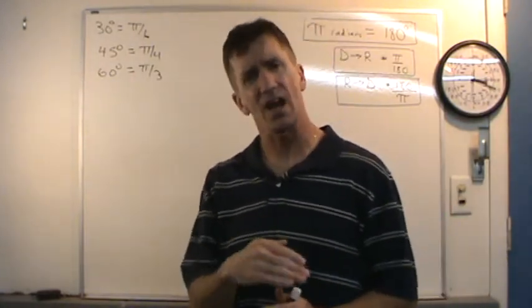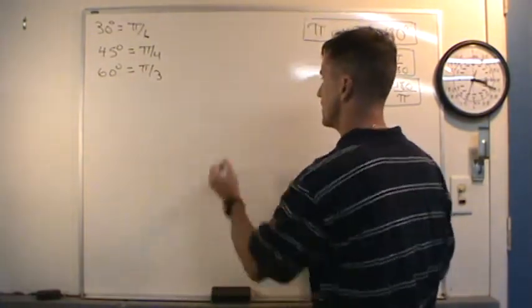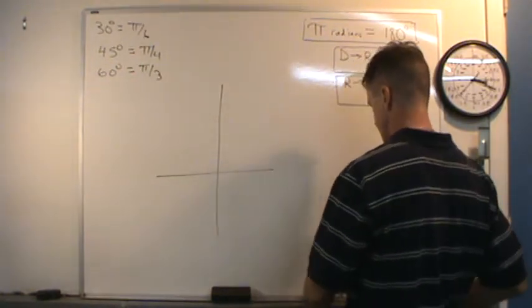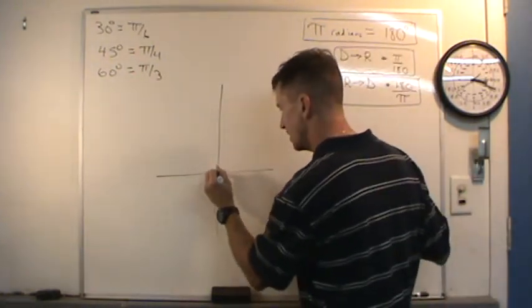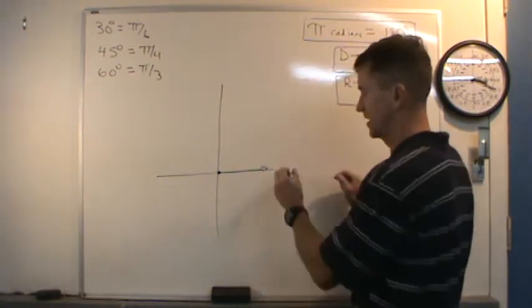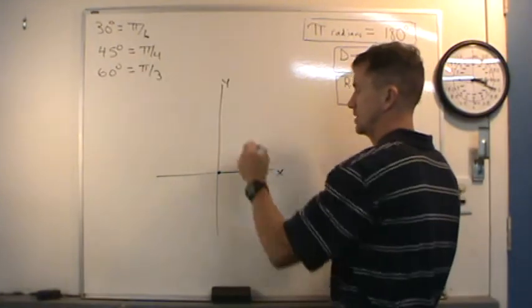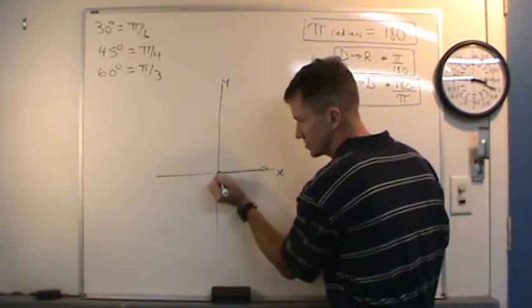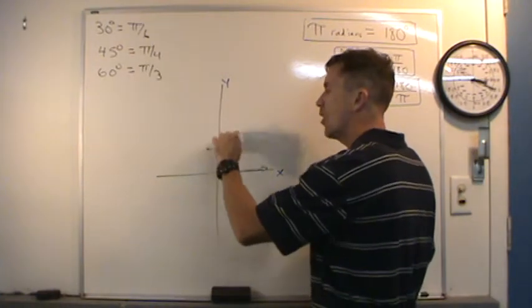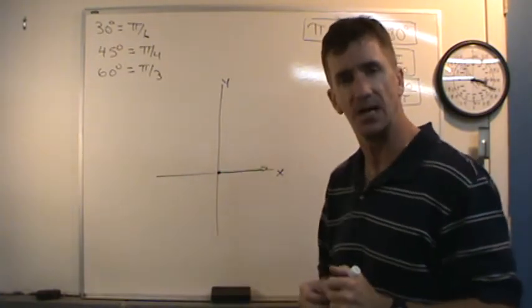Angles have an initial side and a terminal side. And when angles are drawn in standard position, the initial side always lies along the positive x-axis right here. This being the x-axis and this being the y-axis. Its vertex is right at the origin, and it rotates in a counterclockwise direction if it's a positive angle.